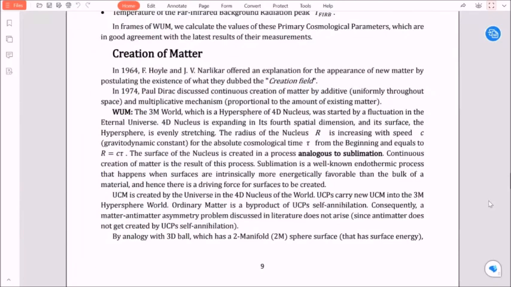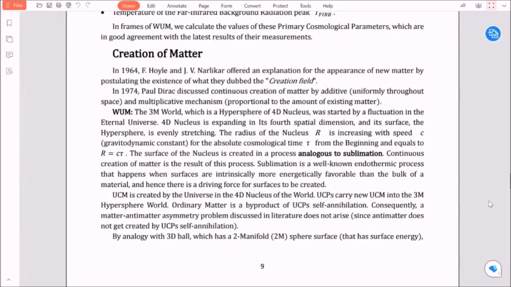UC particles carry new UC matter into the hypersphere world. Ordinary matter is a byproduct of UC particle self-annihilation. Consequently, a matter-antimatter asymmetry problem discussed in literature doesn't arise, since antimatter does not get created by UC particle self-annihilation.